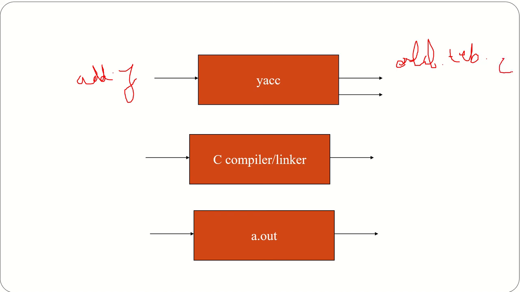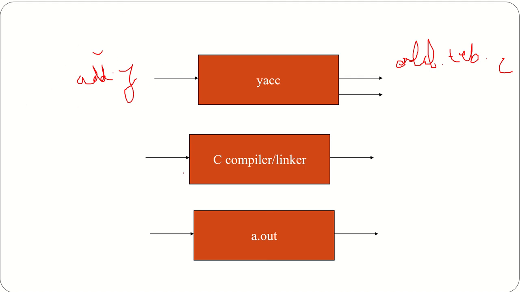Now, if you want to use this Yacc along with Lex, it will also generate add.tab.h. So at output of this Yacc command, you can find add.tab.c, a C program generated.